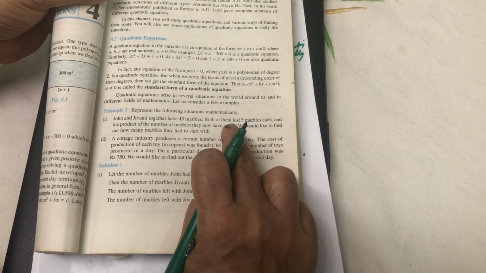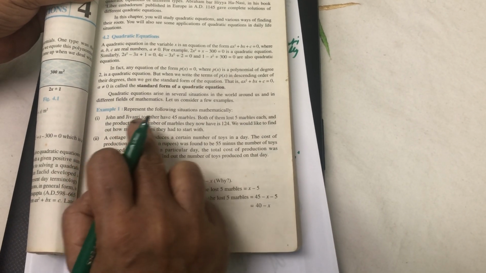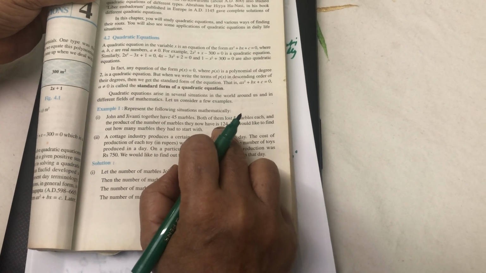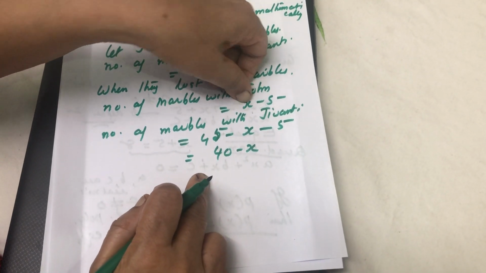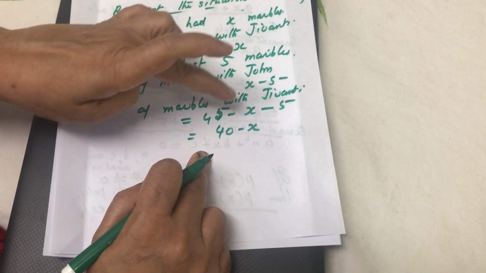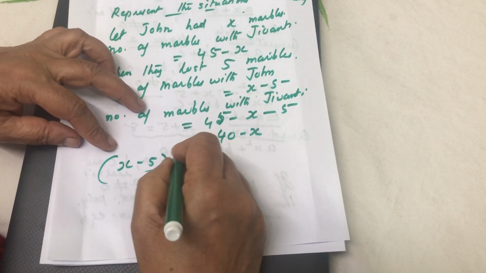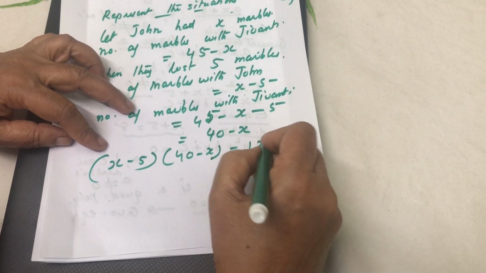Now see the condition. When they lose 5 marbles each, the product of the number of marbles they have is 124. John has X minus 5. Jivandi has 40 minus X. Their product: X minus 5 into 40 minus X equal to 124.